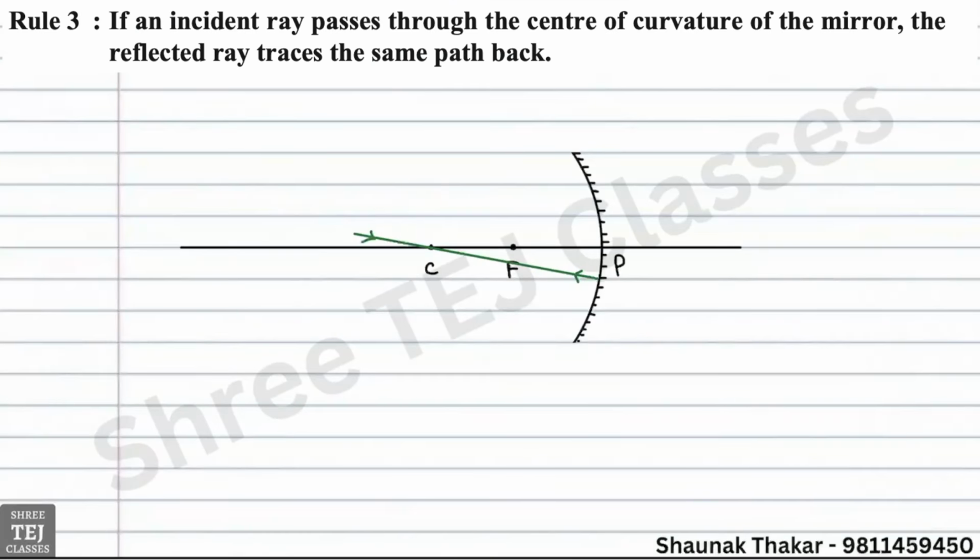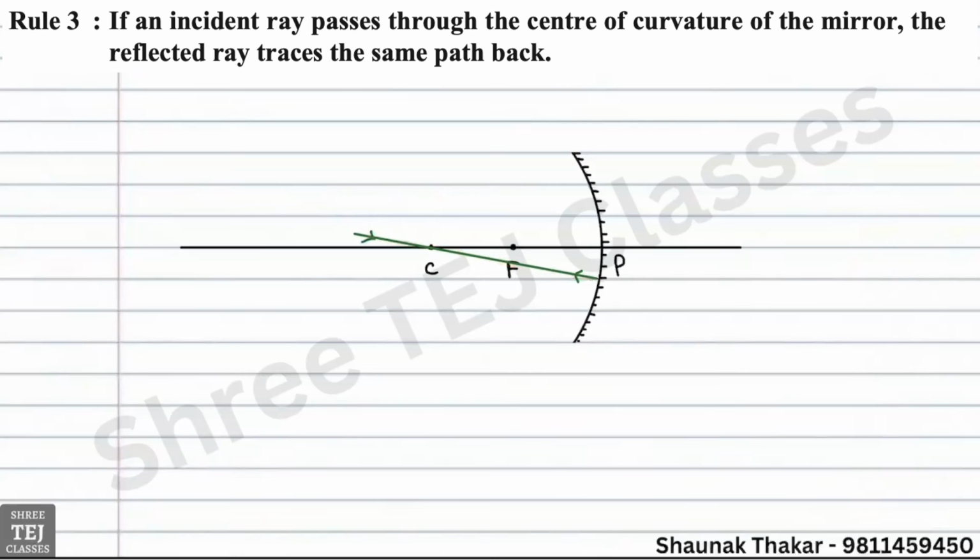Now on to the third rule. Rule 3 is, if an incident ray passes through the center of curvature of the mirror. The center of curvature is this point denoted by C. If the incident ray passes through the center of curvature of the mirror, the reflected ray traces the same path back. So this is the incident ray.